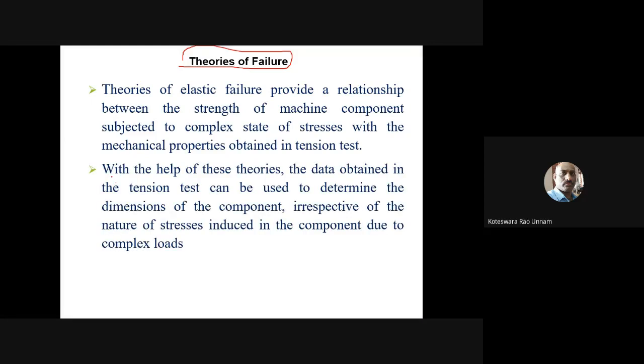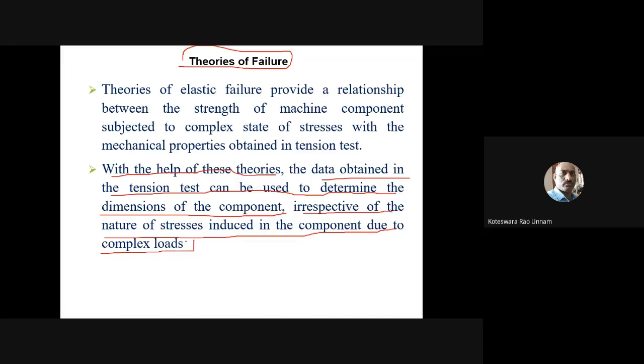With the help of these theories, the data obtained in the tension test can be used to determine the dimensions of the component, irrespective of the nature of stresses induced in the component due to complex loading.